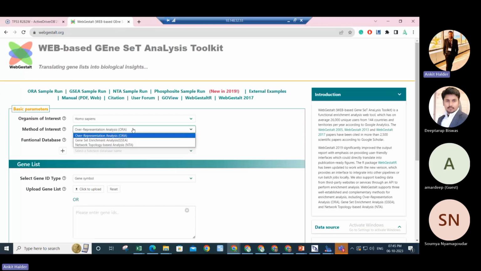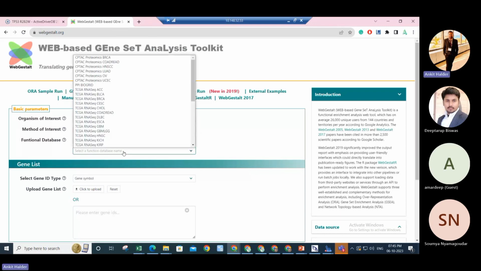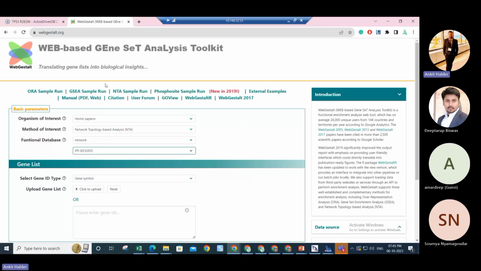What you can do is find network topology based analysis. The functional database is network, so I can give PPI. Now you can understand PPI is protein-protein interactions, and TCGA, RNA-seq, all those things are given.